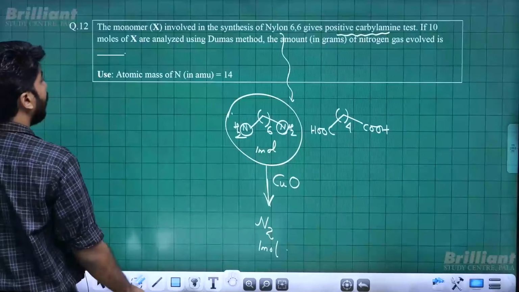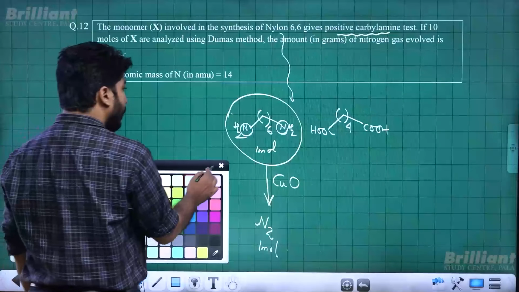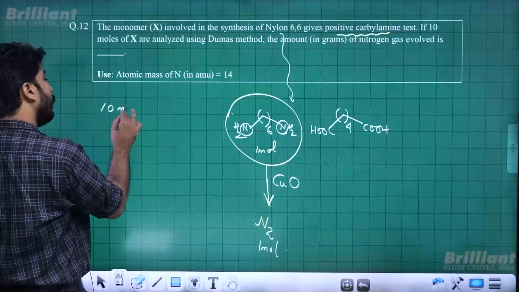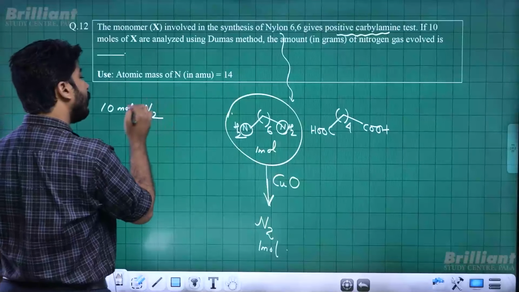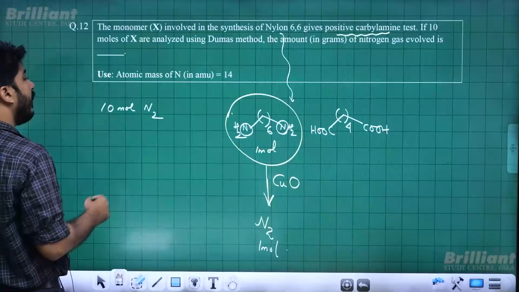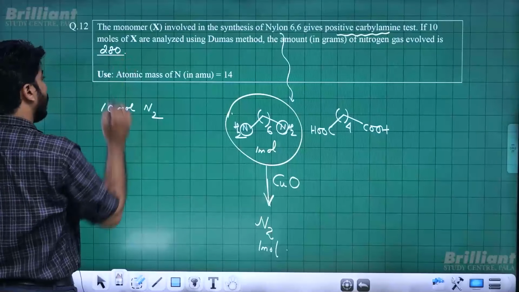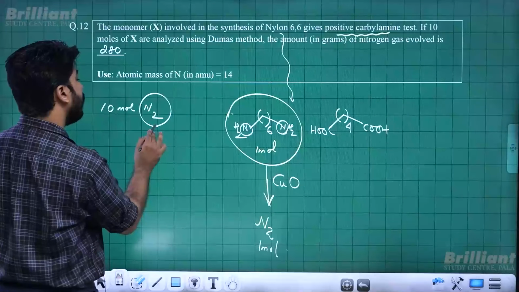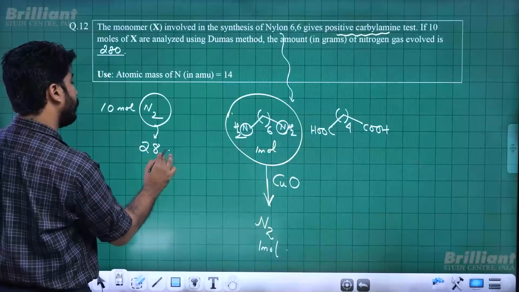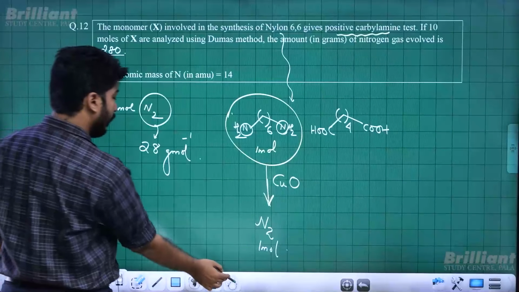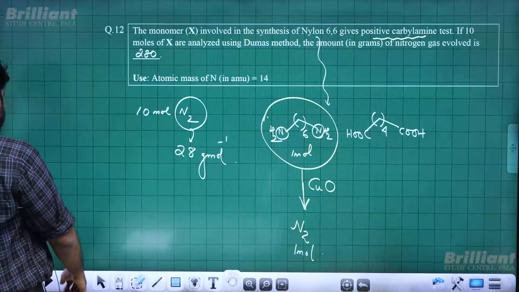Here they have taken 10 moles of hexamethylene diamine, so 10 moles of N2 will be produced, and its mass is going to be 280. The molar mass of N2 is 28 grams per mole, so 10 moles gives 280, which is the correct answer.